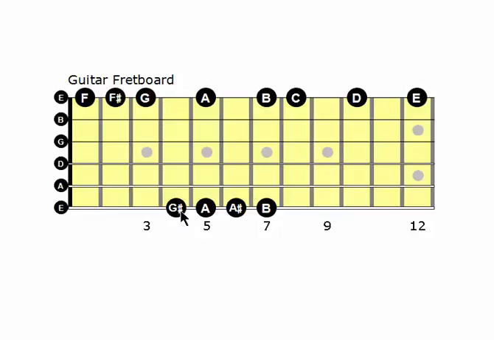Let's see where the other ones work. Between G and A there's G sharp, and between A and B there is A sharp. There's nothing between B and C, but between C and D there is C sharp, and between D and E there is D sharp.